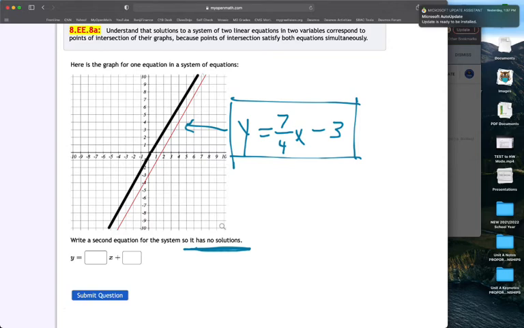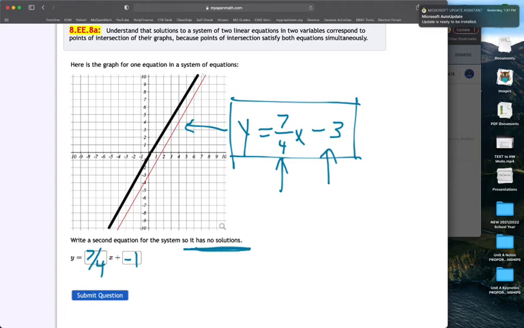So the slope has to be exactly the same, but we need different y-intercepts. So maybe -1 right there. So y equals 7/4 x minus 1 and y equals 7/4 x minus 3. Graphically, they are parallel lines that have different y-intercepts. If we were asked for the actual solution to that system, there would be no solutions.